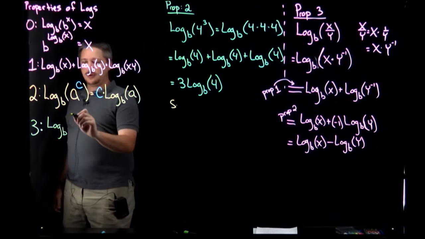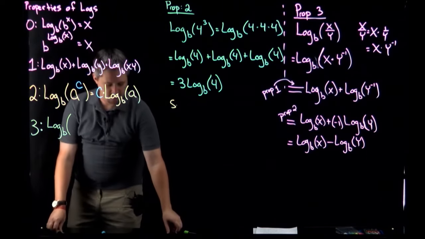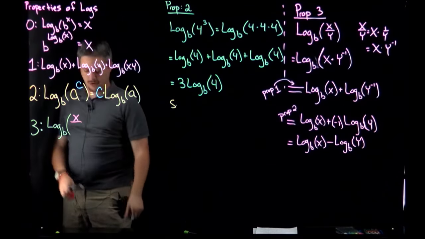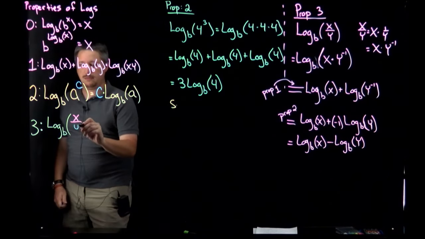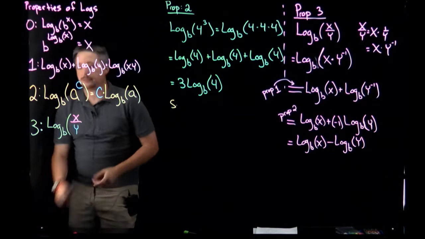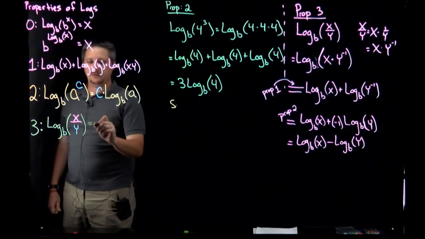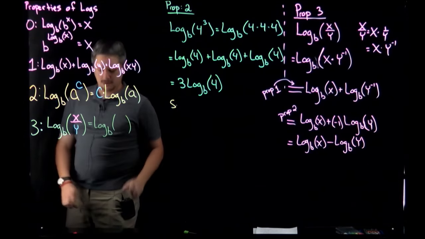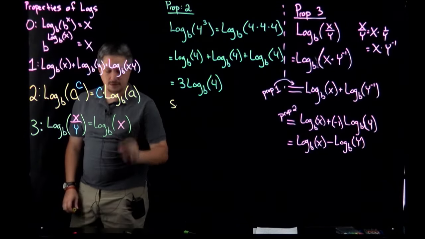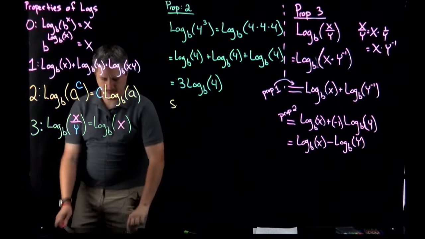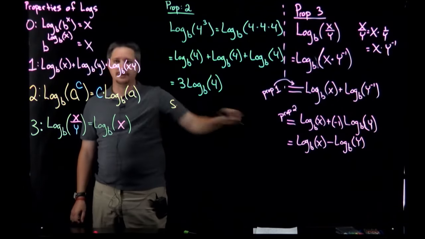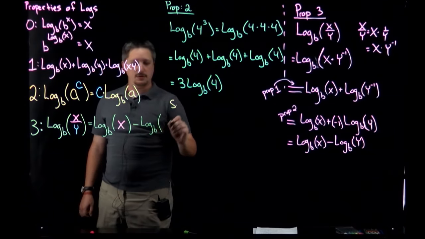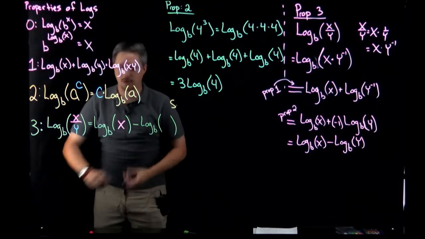So log base b of x over y is log base b of x minus log base b of y.